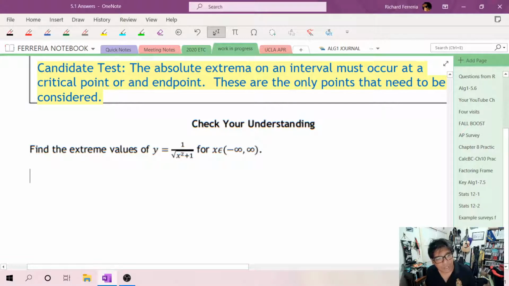Also, the domain here is all real numbers, because the only x I see is inside the square root, and it is squared. It doesn't matter what number I substitute, x squared is always going to be positive, and I can always take a square root of a positive number. So that's an interesting thing. We always have a positive result.